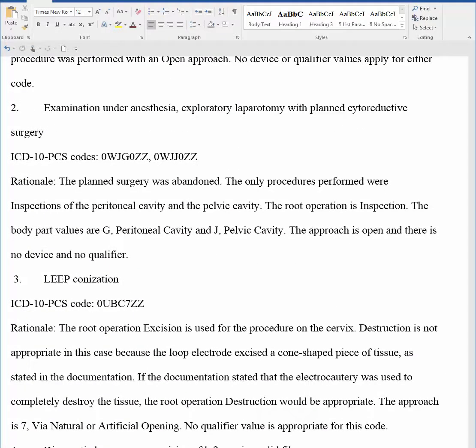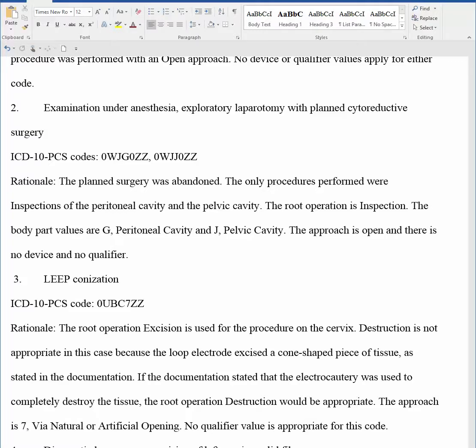Number 2, it states that this patient has recurrent ovarian cancer. The procedure is examination under anesthesia, exploratory laparotomy with planned cytoreductive surgery. Patient was taken to the OR. Anesthesia was administered.